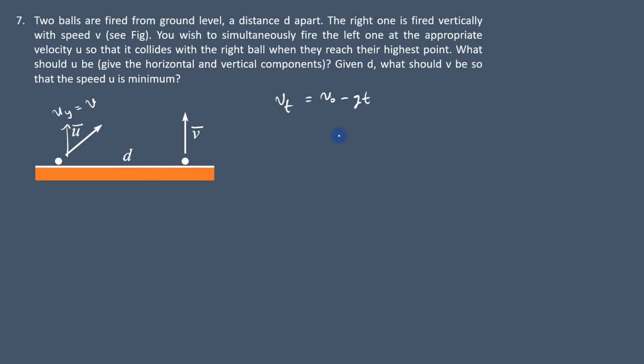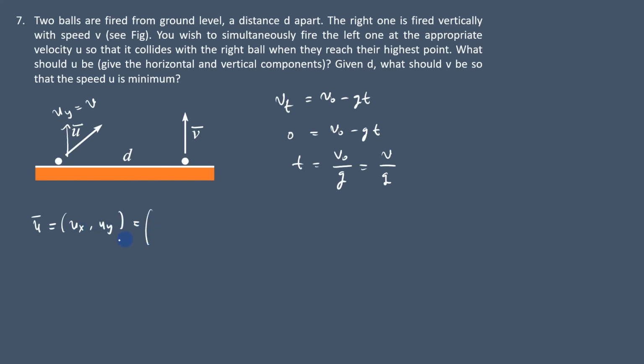This is the upward motion, and we know that Vt is 0 at the top, so we can write Vo equals Gt, and we get T equals Vo divided by G. Vo on the vertical motion is the initial speed that has a value v, so we can write T as v divided by G.